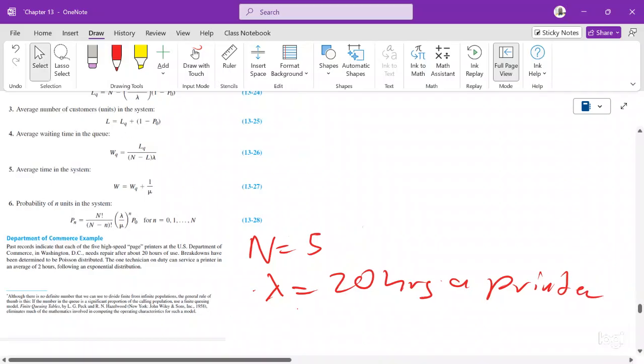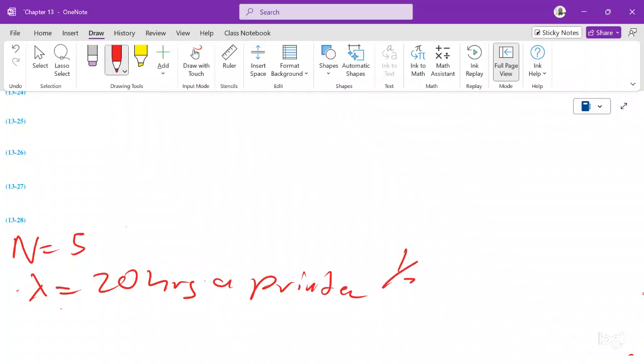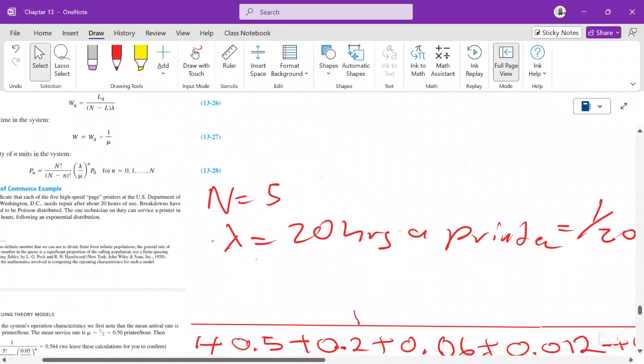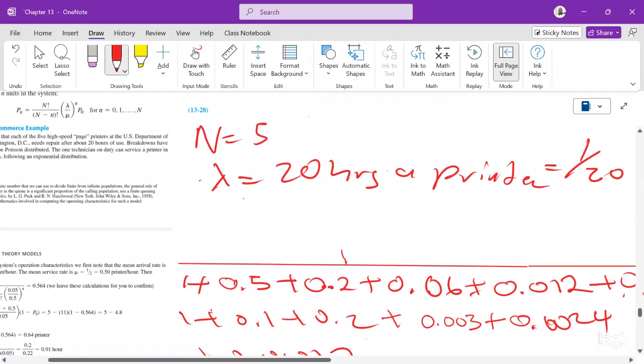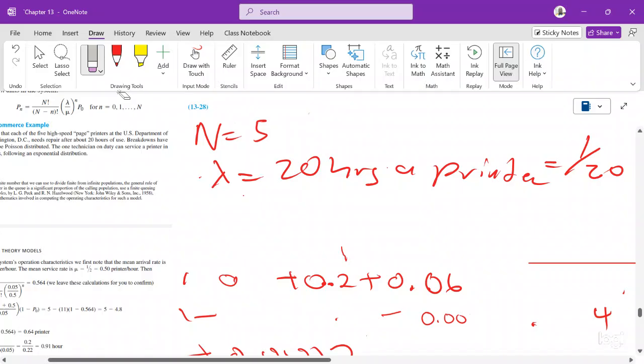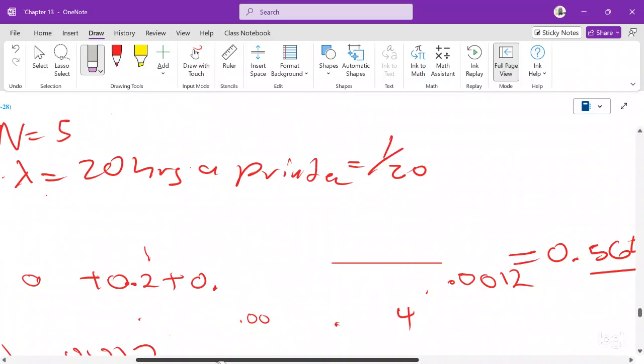So if you look at the formula, where is it? Hey, it's at the back. Come around, guys.